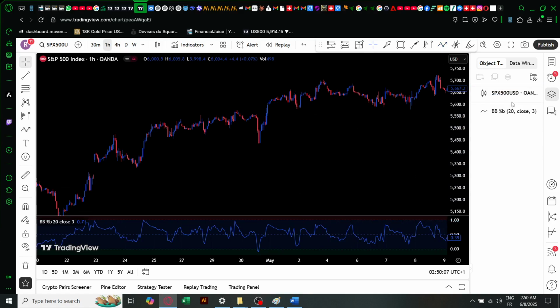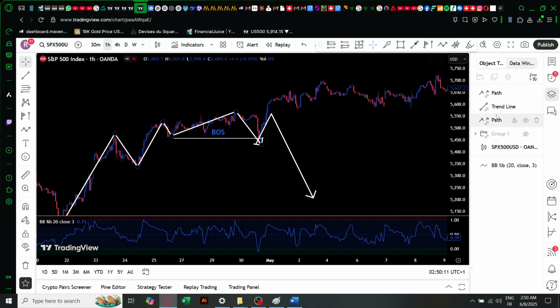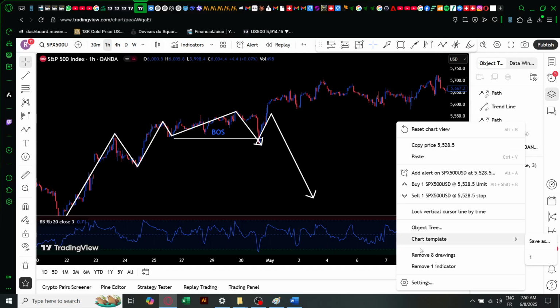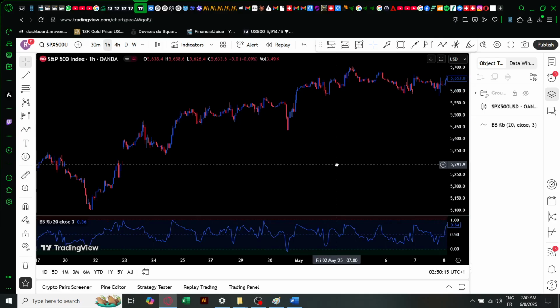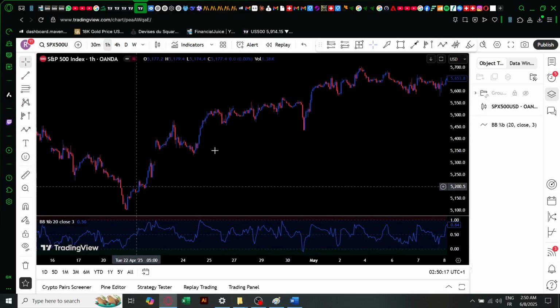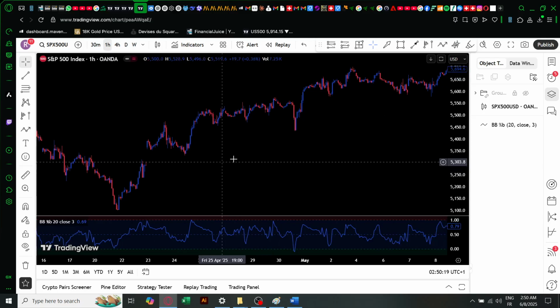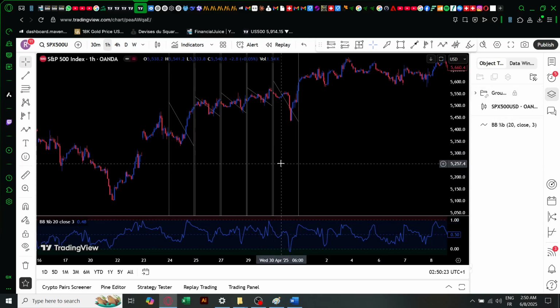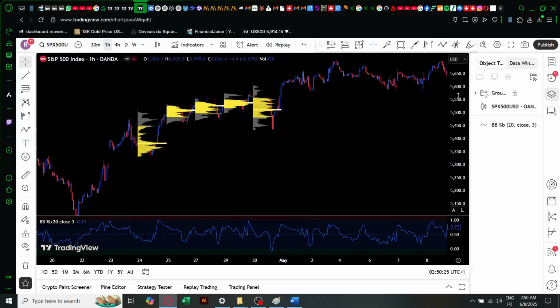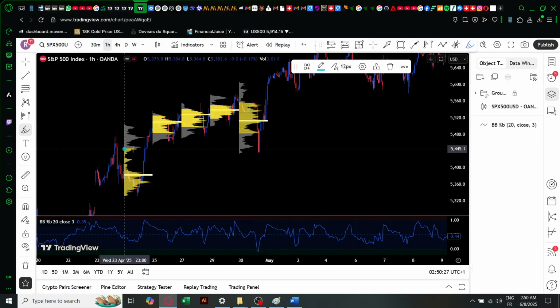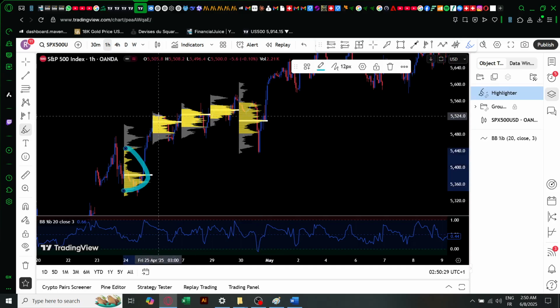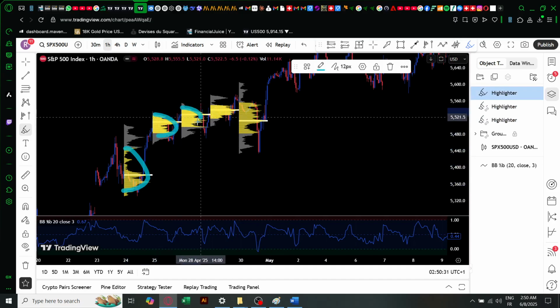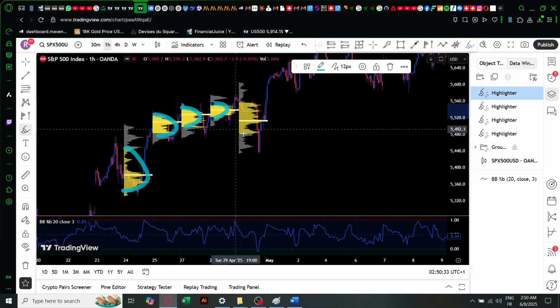because if you use the value area, we have, wait, did I just delete? Because if we use the value area, the session value area, or the session volume profile, so we can see the volume profile day after day, we can see that the value area was here, and the market started to accept higher and higher value area, which means started to accept higher volume profile.